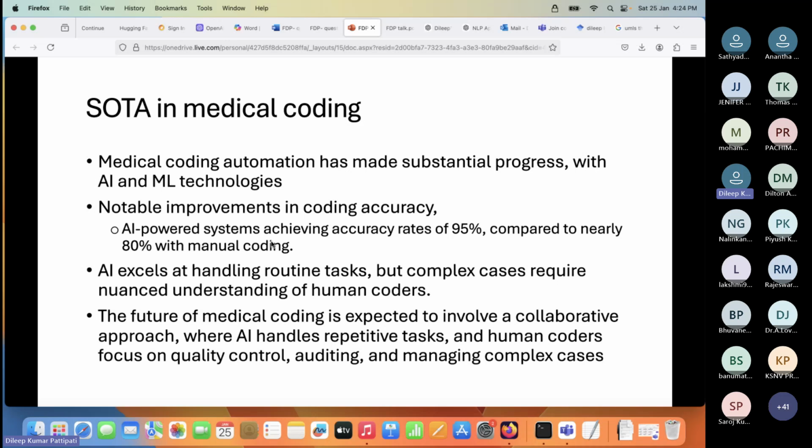It excels at handling routine tasks, but there are complex cases where we require human coders, human doctors or some medical experts to get involved and take a decision. So the future of medical coding will be a collaborative approach, with AI doing the repetitive tasks and human coders doing quality control and auditing. Both medical human experts and AI systems will work in collaboration.